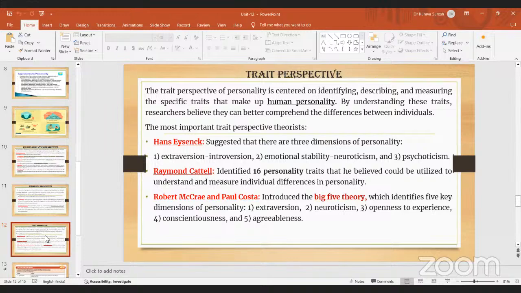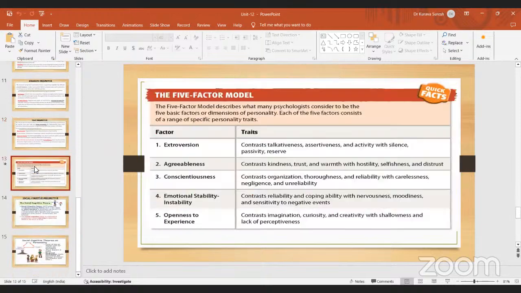McCrae and Costa proposed the Big Five Factor Theory: extraversion, neuroticism, openness to experience, conscientiousness and agreeableness. Each factor is a component of traits, and situations depend upon emotional stability or instability, openness, and so on.